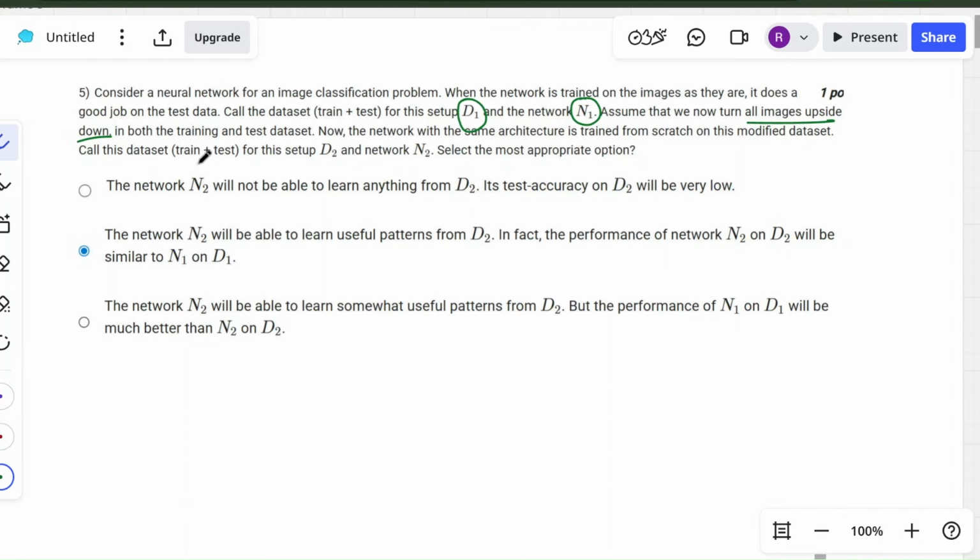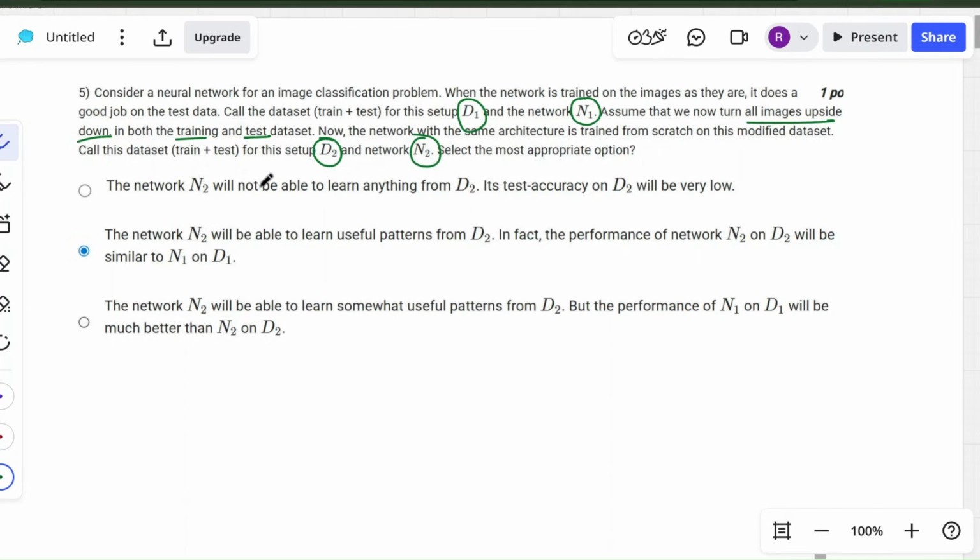Call this train plus test data set for the setup D2 and N2. See, nothing different is happening here if you observe carefully. It's just that the images are being turned upside down, and it is happening for both the training and the testing data, right? And therefore, the network will still be able to learn the patterns.